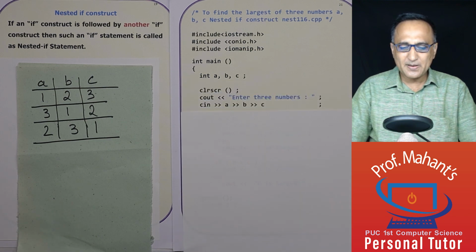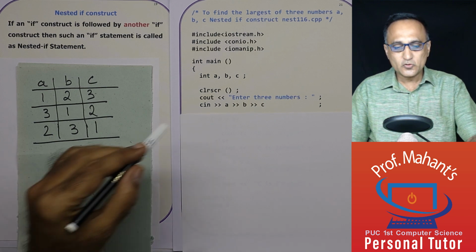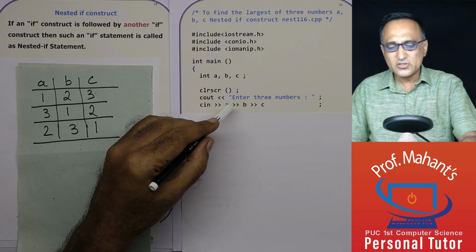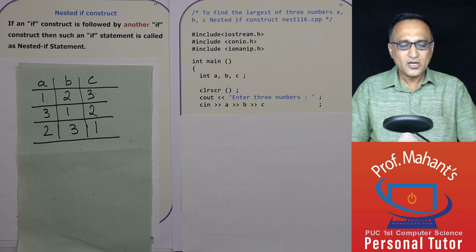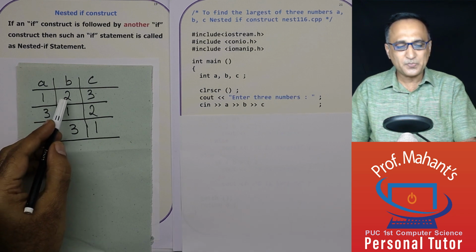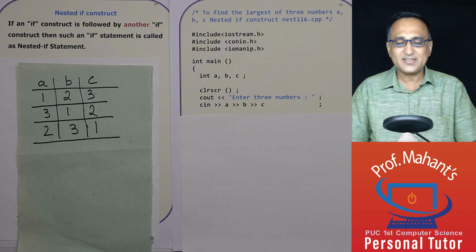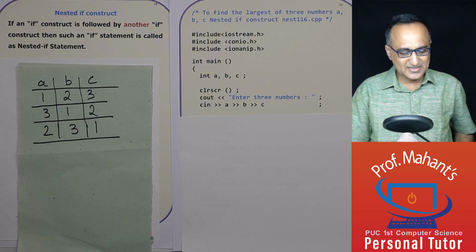So the first step is asking the user to enter the values of a, b and c using cin. For the first time, let us assume the value of a is 1, b is 2 and c is 3.